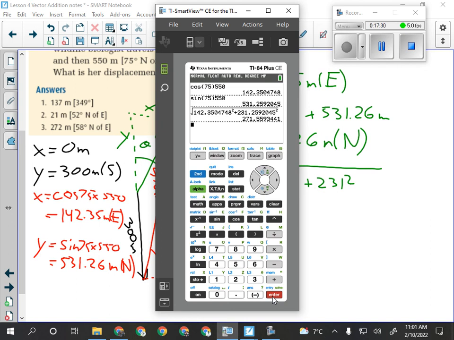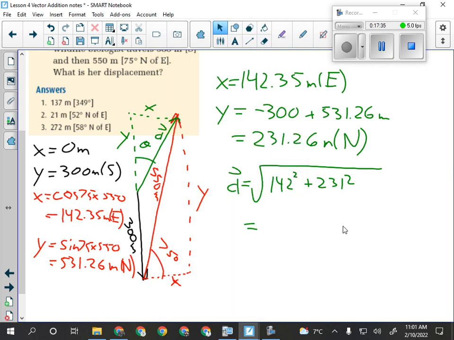So my overall resultant is 271.56 meters. And then I need to find theta.